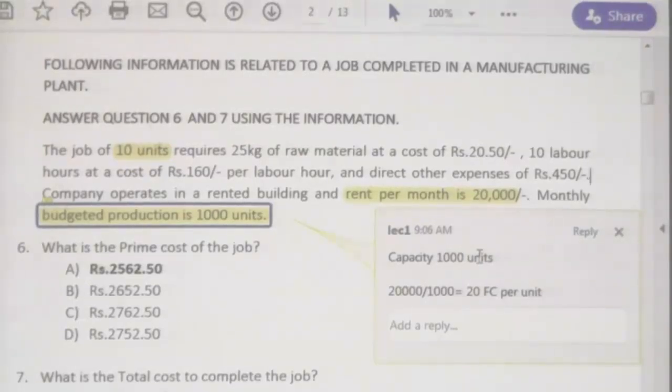Now your capacity is 10,000 units. You can see here, I have calculated this, right? Capacity is 10,000 units. The total fixed cost is 20,000. Therefore, 20,000 will be divided by the capacity to find out fixed cost per unit. In your job, you are producing only 10 units. Therefore, your fixed cost in your job will be 20 into 10, that is 200.